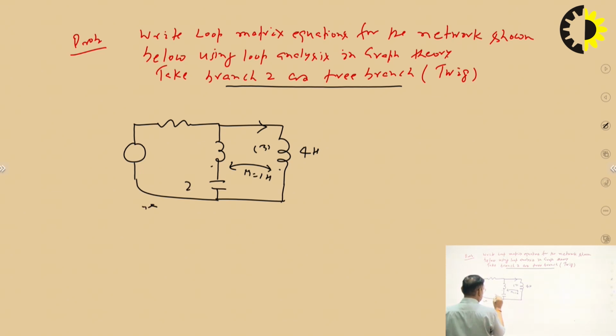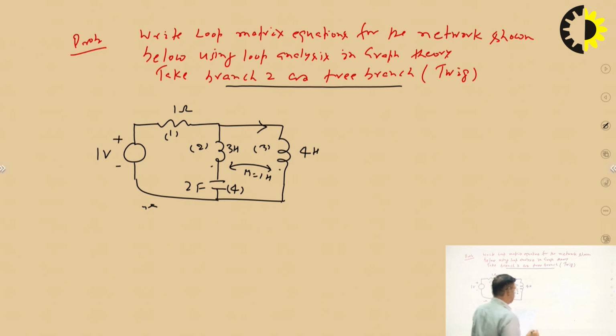This is the 2 Farad. This is branch number 2, and it has 3 Henry. This is 1 ohm. This is branch number 1. Take 2 and 4, the three branches. Carry out the loop analysis.